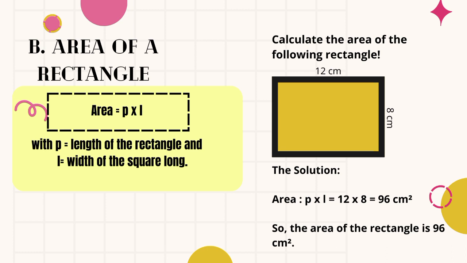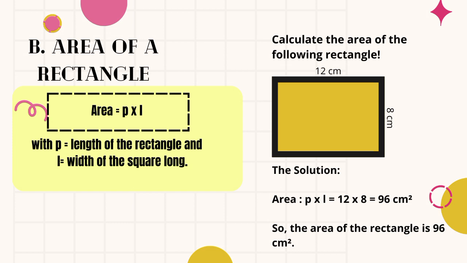B. We talk about the area of a rectangle. The formula for the area of a rectangle is area equals P times L, with P the length of the rectangle and L the width of the rectangle.